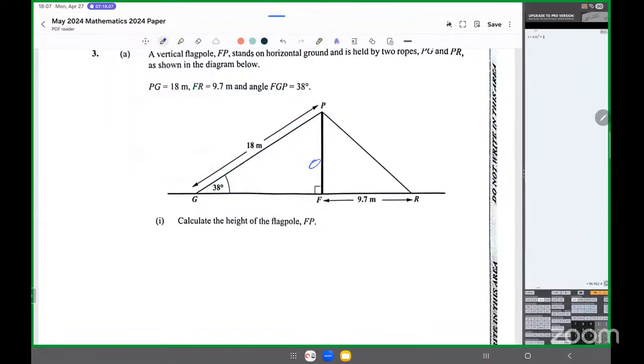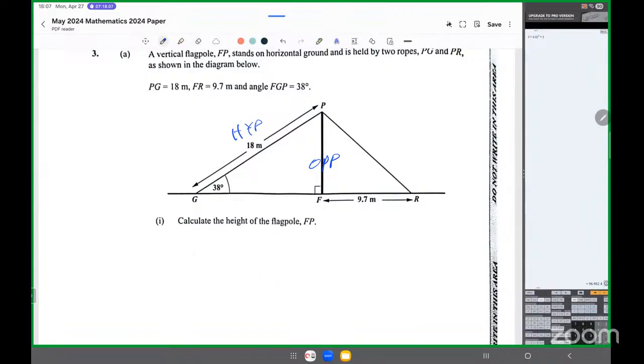We want the opposite, and we know the hypotenuse. When the opposite and the hypotenuse are involved, you're going to use the sine trig ratio. So we're using sine in this question.